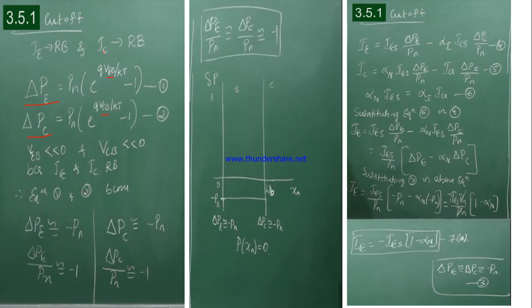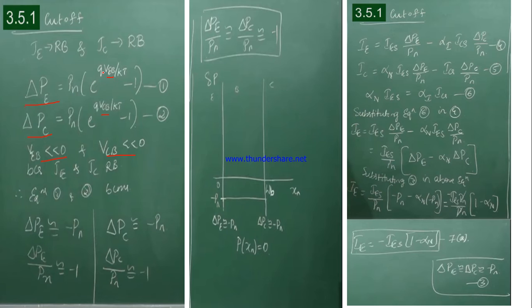As both junctions are reverse biased, VBE, if it is reverse bias, is very much less than 0, and VCB is also very much less than 0. So the exponential term we can neglect from equation number 1 and equation number 2, because both are reverse biased now.